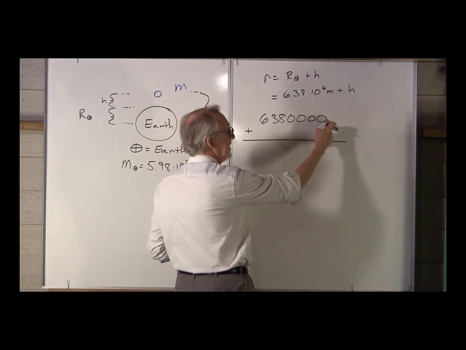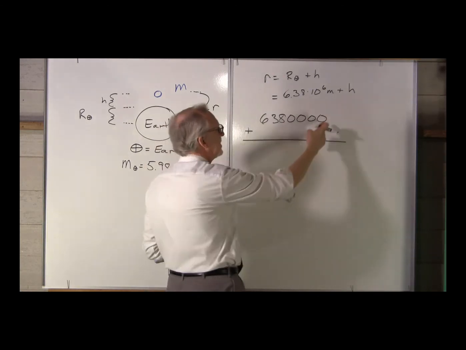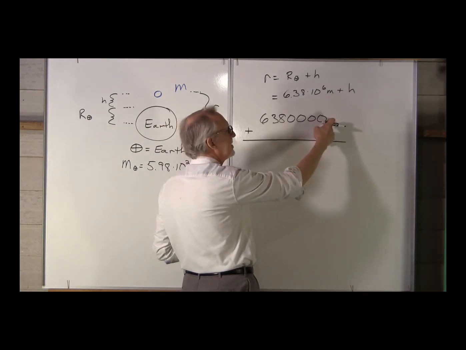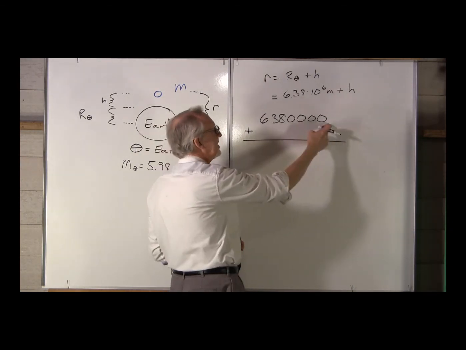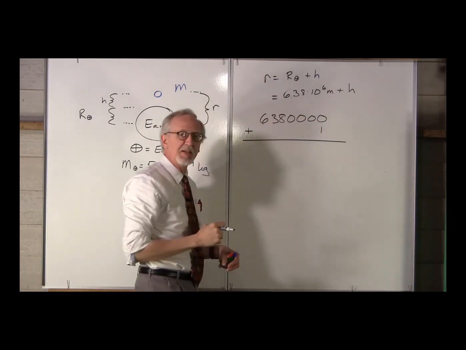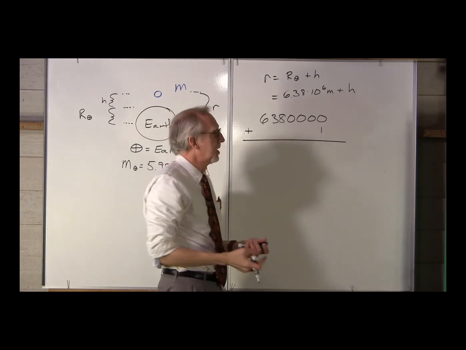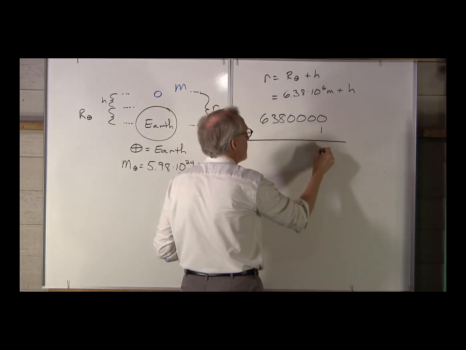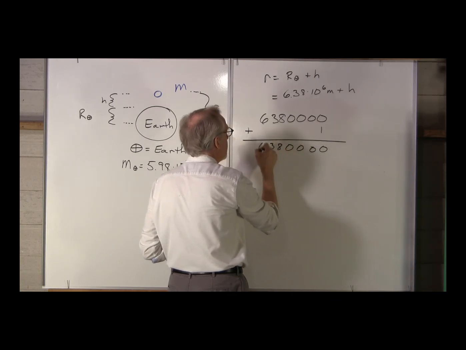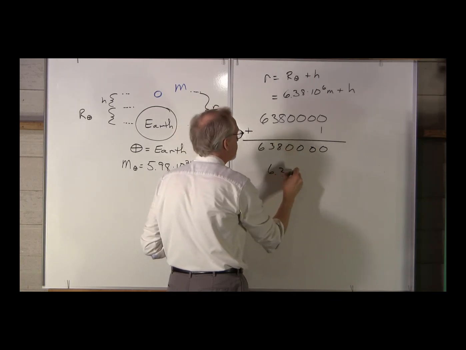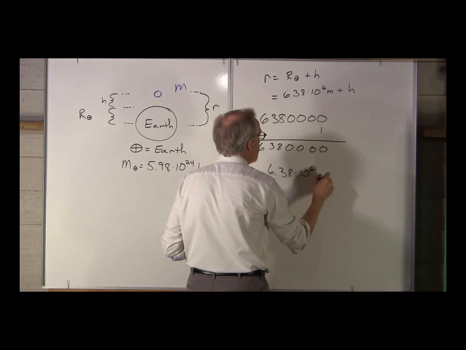Well, this 0 is not significant. What is 1 plus a number that we don't know? We don't know what that digit is. I've written it as a 0 now, but remember, in scientific notation, we don't know what that digit is. So we really could only write it as a 0. In other words, 6.38 times 10 to the 6th meters.